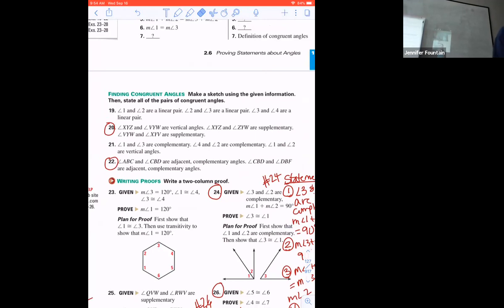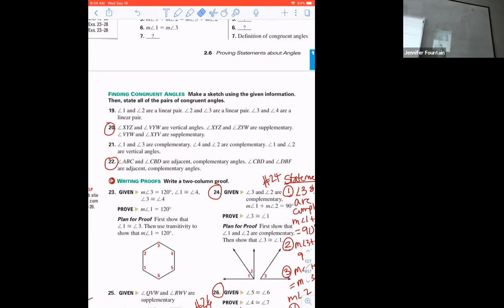Okay, so let's take a look at this one. What can I tell is congruent to each other? What is congruent to XYZ? VYW, good. And what is congruent to XYV? That's going to be ZYW is congruent to XYV.